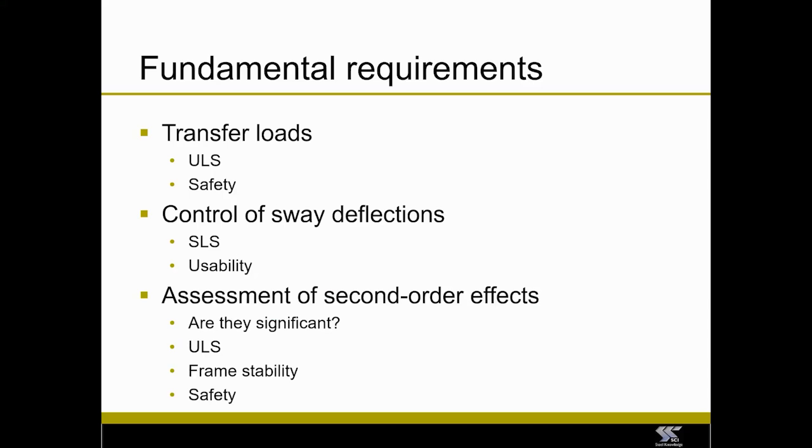And certainly if they are significant, then we need to make sure that those effects are taken into account in the design. And so that is also an ultimate limit state design case for the safety and the stability of the overall structure. And we'll have a look at that in a bit more detail in a few slides' time as well.